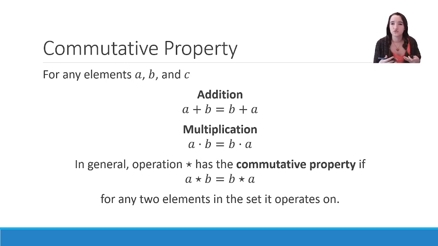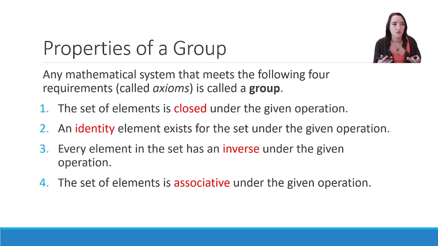But what are we really going to do with all these properties then? Well, we're going to look at a new thing called a group. So any mathematical system that meets the following 4 requirements, which we call the group axioms, is called a group.